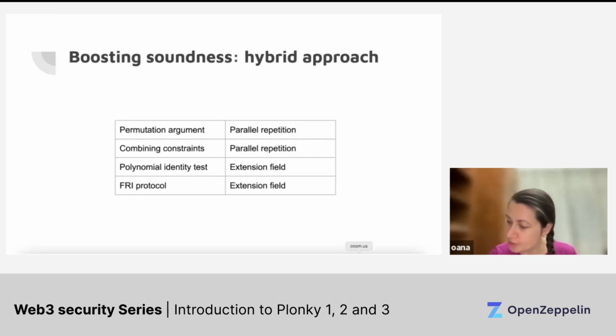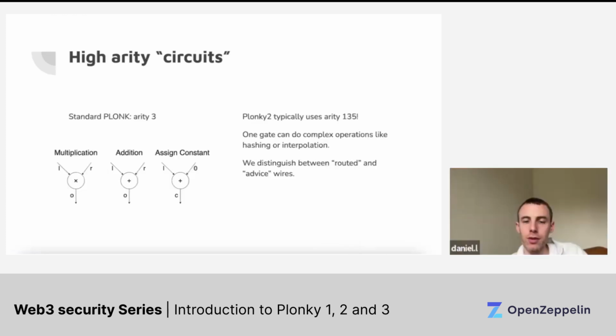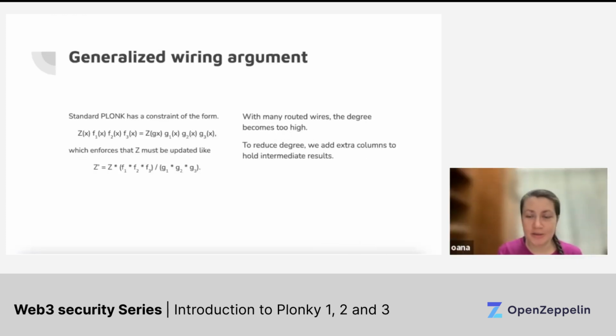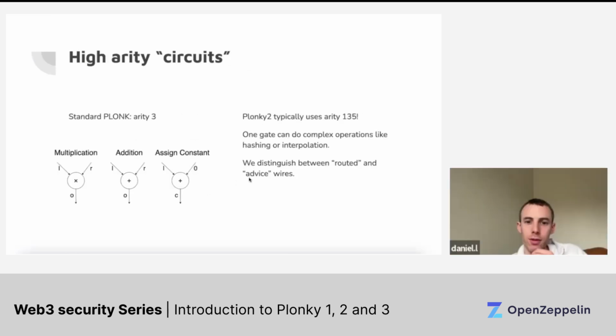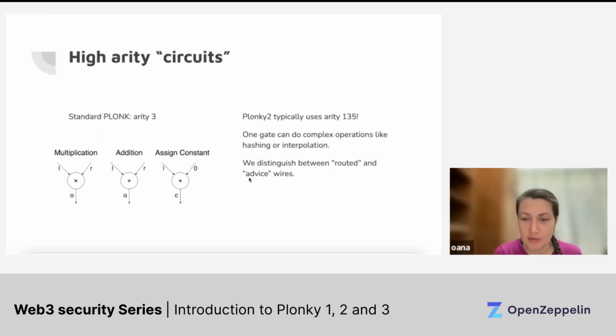If we move further, actually here, if you can go back to the structure of the gates. I find it very interesting that you use arity 135. So basically, as you said, in one gate you would be able to perform much more complex operations than the atomic addition, multiplication, or adding a constant.